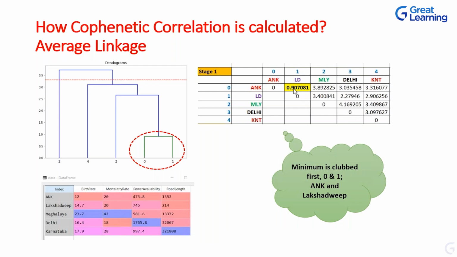This table shows that this is the nearest number, smallest number. And this gives the indication that 0 and 1, in other terms, Andaman and Nicobar and Lakshadweep can be clubbed. So they are clubbed here. Remember, they are clubbed at 0.91.